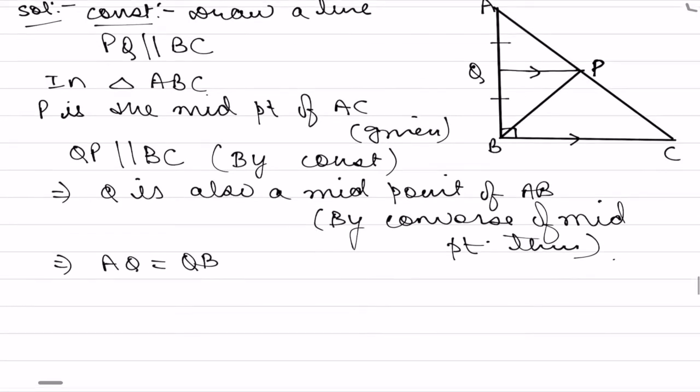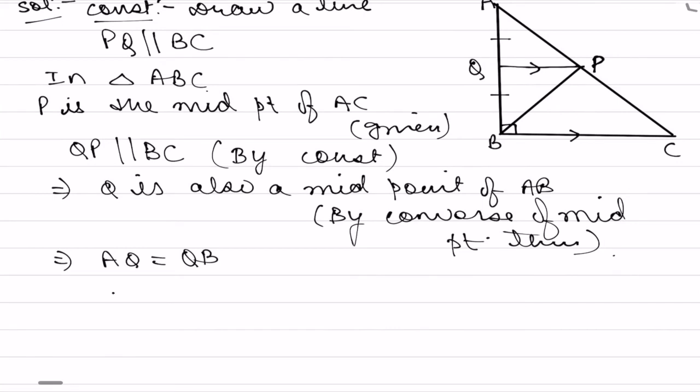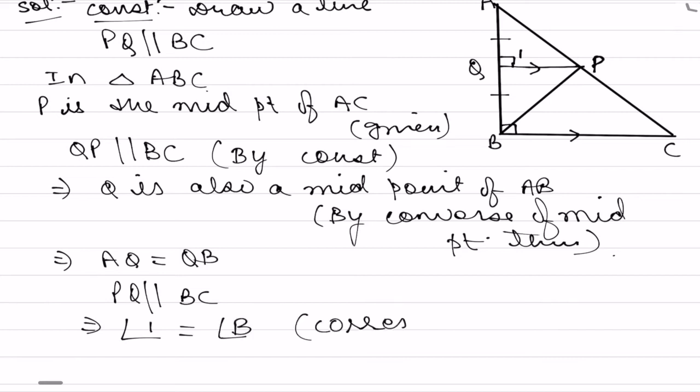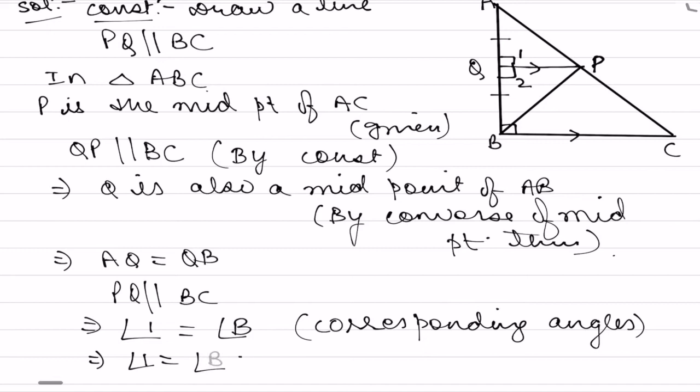And we know that PQ is parallel to BC. This implies angle, you can take this angle 1, angle 1 is equal to angle B because both are corresponding angles. And angle B is 90, that means angle 1 is also 90.